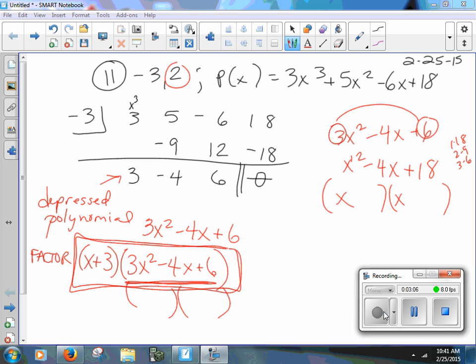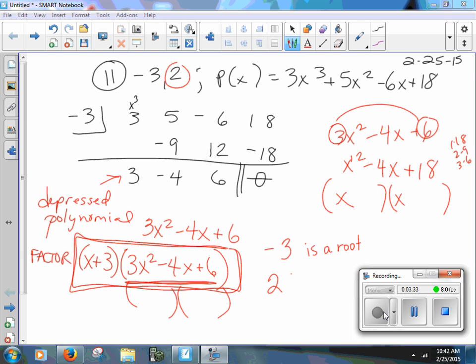On my own paper, because the instructions said, determine whether the numbers are roots of the polynomials. So this is what I did. Negative 3 is a root. And when I got to this point and I realized that 3x squared minus 4x plus 6 could not be factored, y'all, if it can't be factored, I can't set the factors equal to 0 to figure out what the roots are, right?